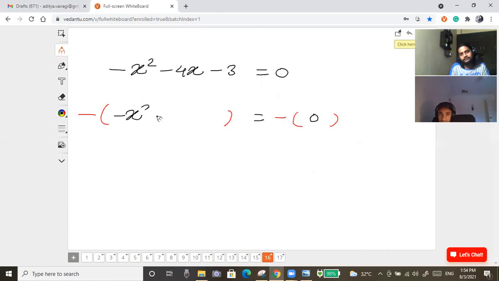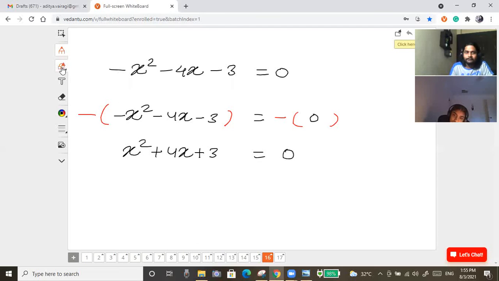So we rewrite the expression as it is, and both the sides we're going to multiply with the negative sign. This negative sign simply gets combined with each term, so it makes all of them their opposite symbol. They all were negative, so they all become positive. Zero doesn't matter whether it's negative or positive. So zero. This is the simple standard form we got right now.